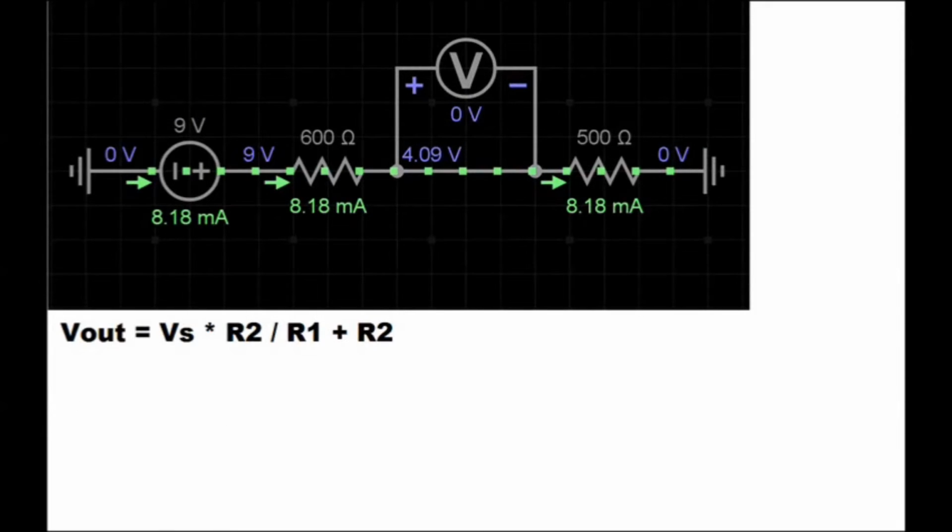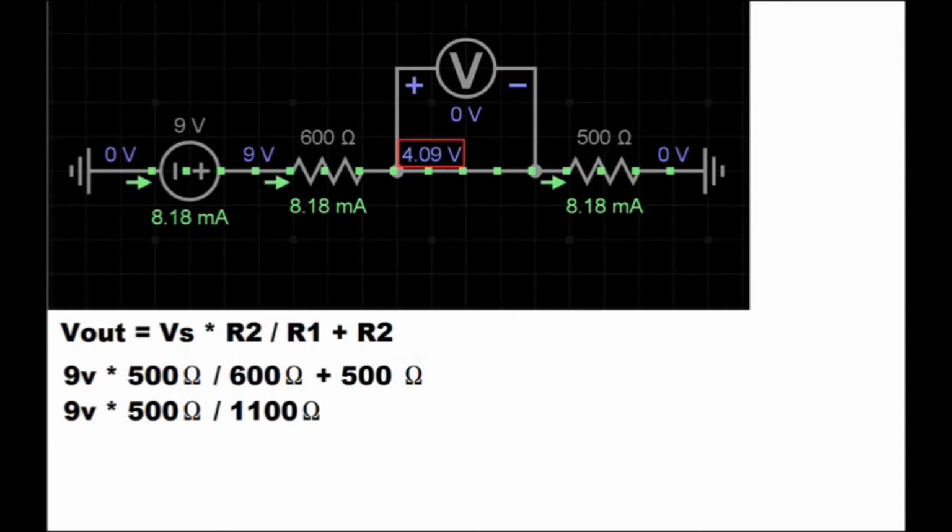Let's adjust the value of R1 to 600 ohms and run through the equation again. 9 volts multiplied by 500 ohms divided by 600 ohms plus 500 ohms.